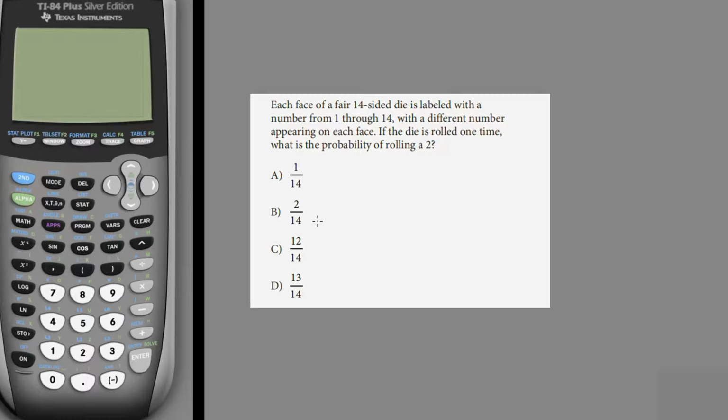Now here is the reason. Only one outcome out of 14 is a 2, so the probability will be 1 over 14. It's as simple as this.